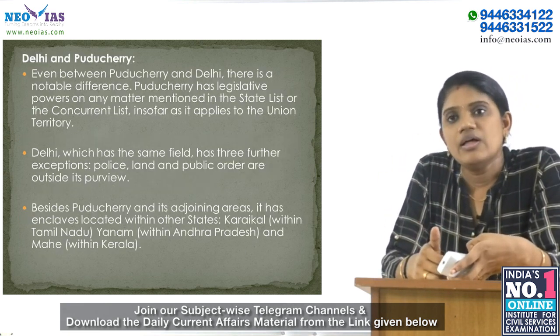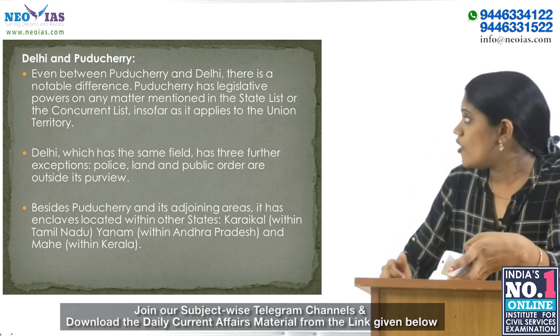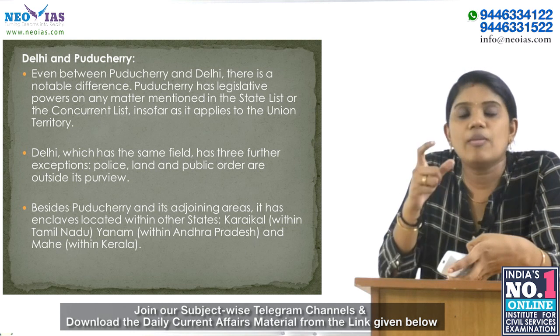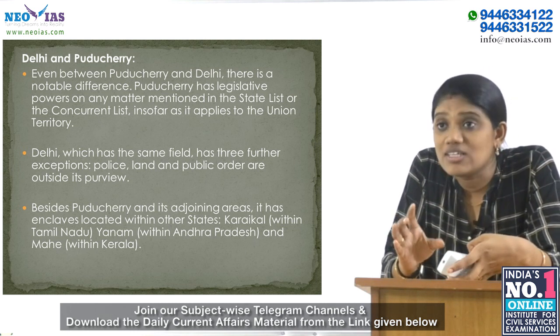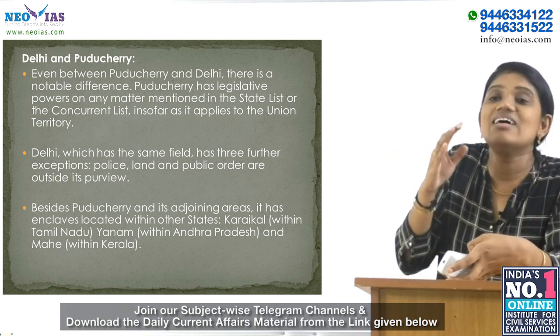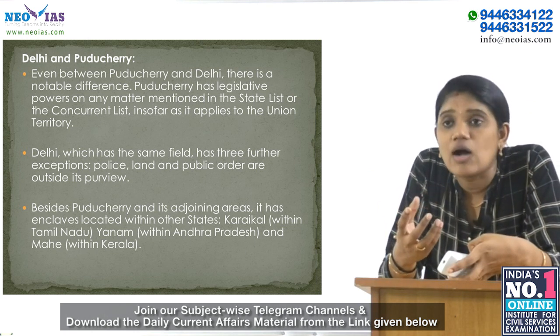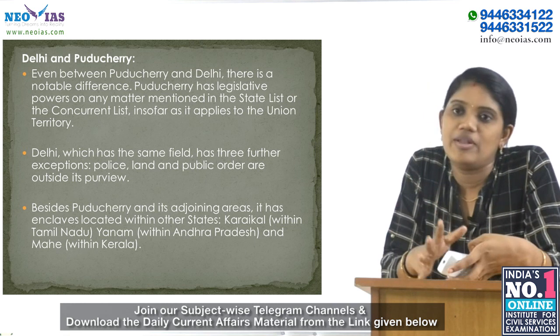Clear? Then next you have to note regarding Delhi and Puducherry. Puducherry and Delhi have legislatures, while the other territories under the center do not have legislatures or a ministerial council to advise the administrator.